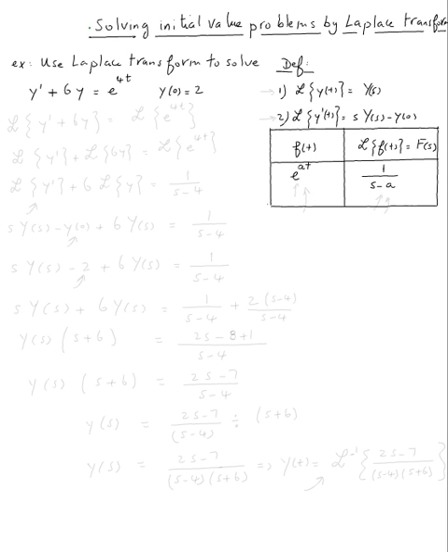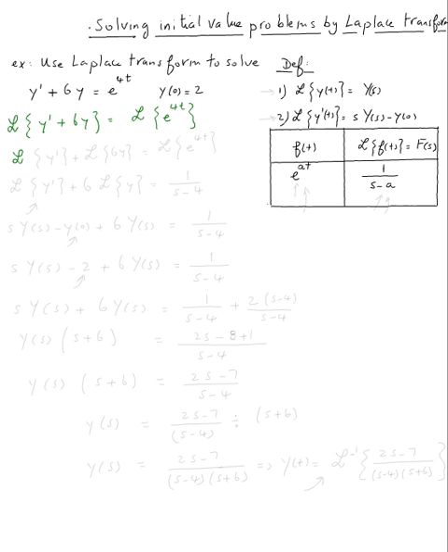So first, we take the Laplace transform of the left side, which is equal to the Laplace transform of the right side of the equation. After that we use linearity.